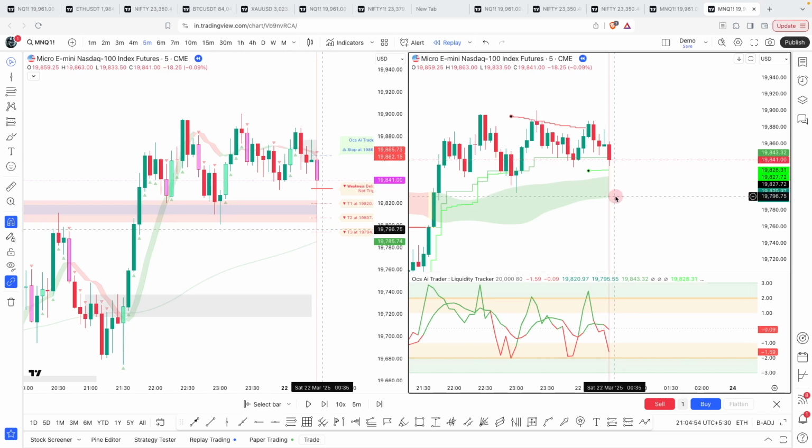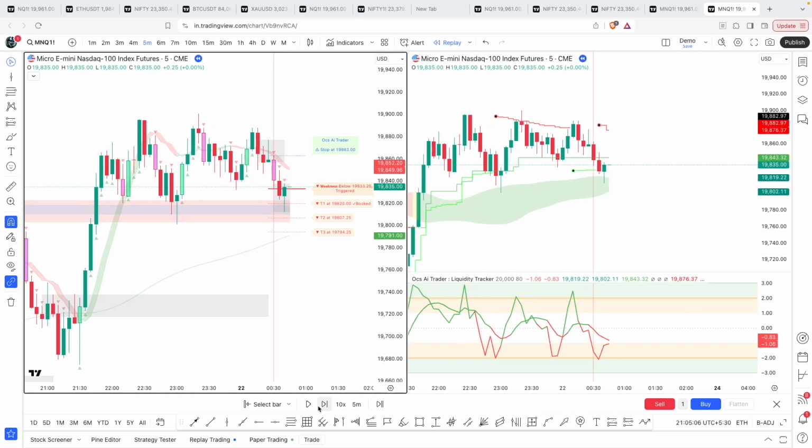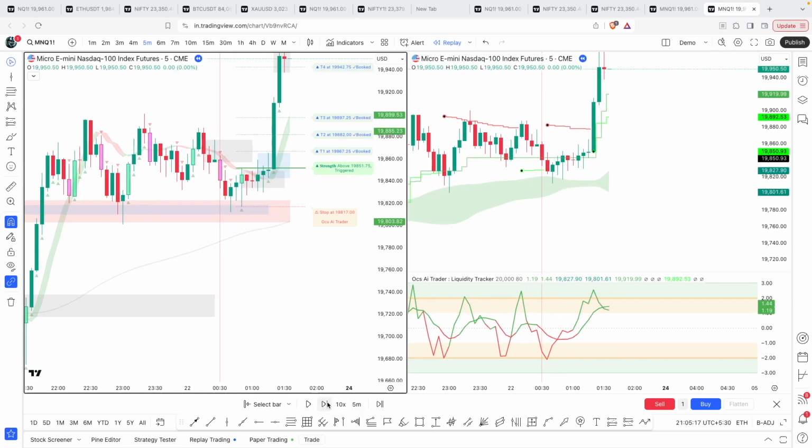Everything is against it, so this signal might not perform as well, and it's better to stay cautious here. Even though this signal has given a positive result and our target one has been satisfied, there are chances of an explosive move. So this is how you should avoid this.